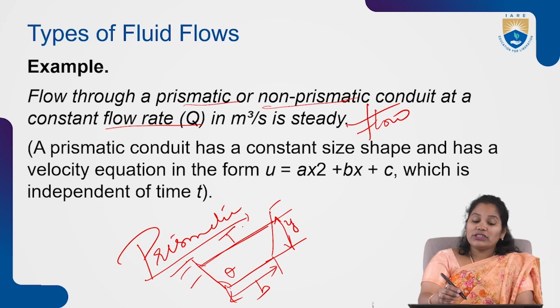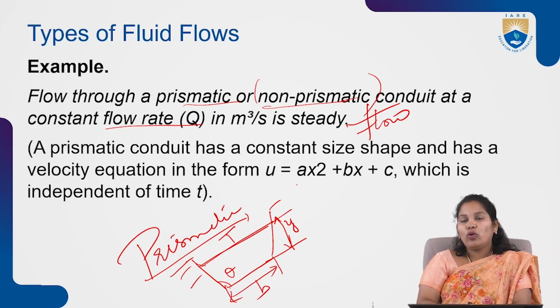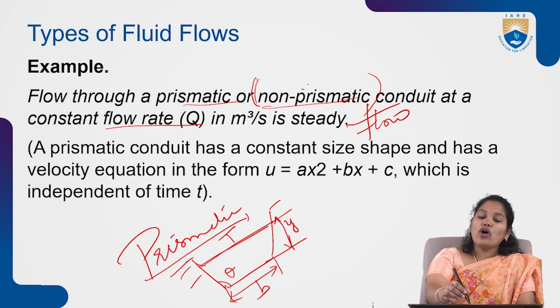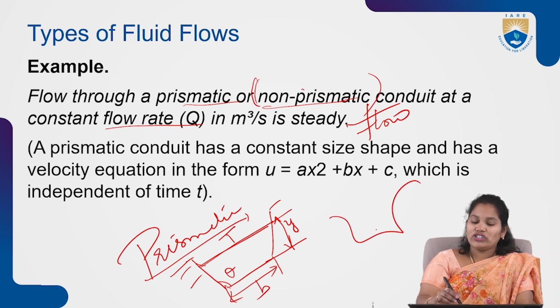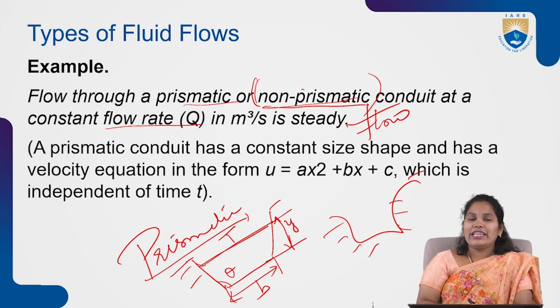One which has no definite dimensions, we call a non-prismatic channel. Irregular shape geometry is nothing but a non-prismatic channel.